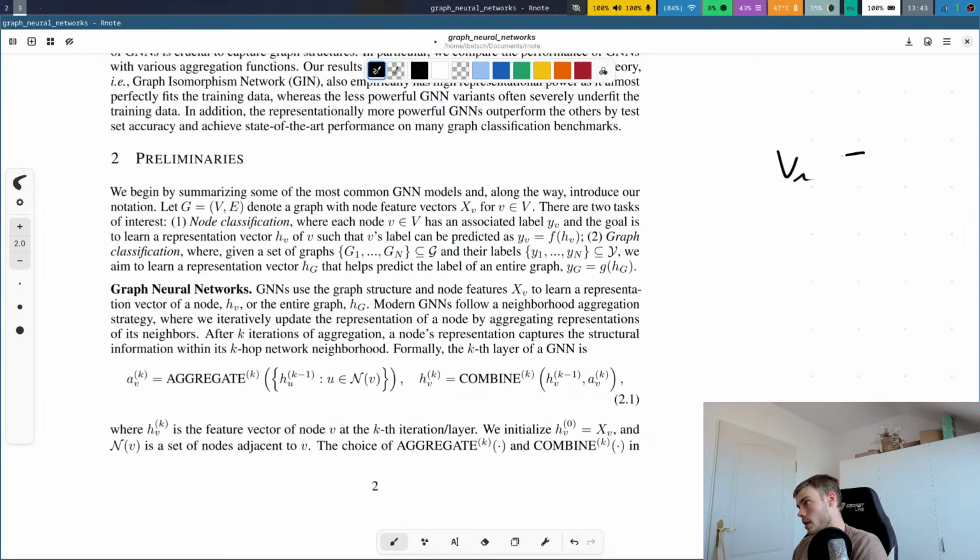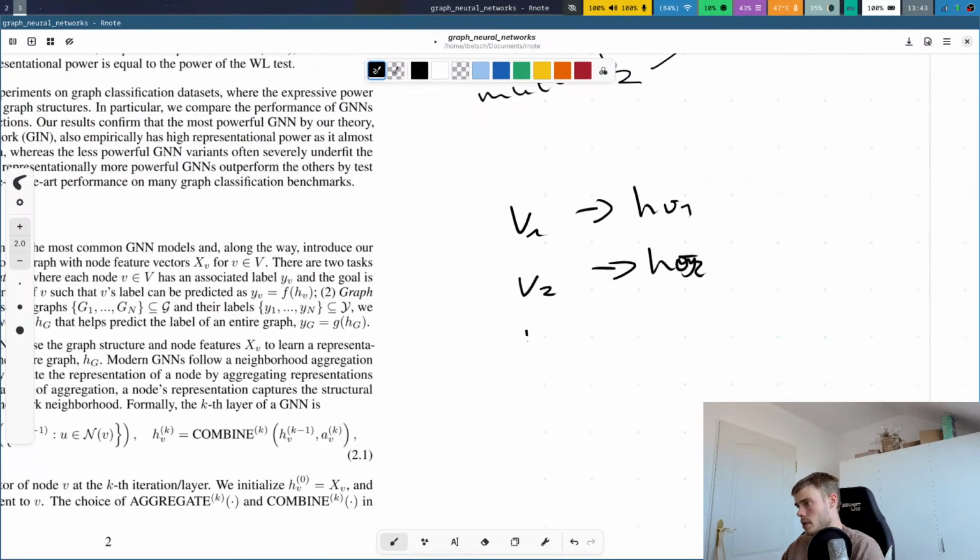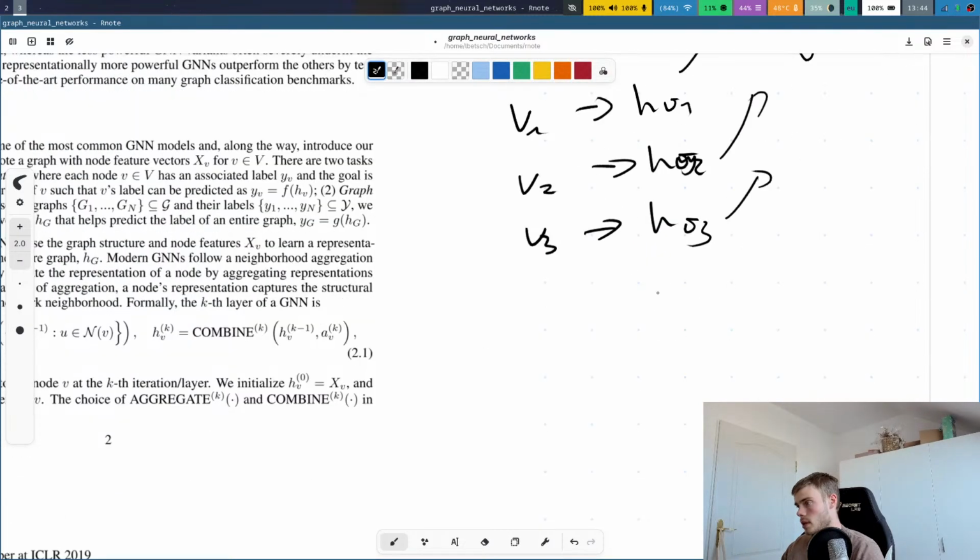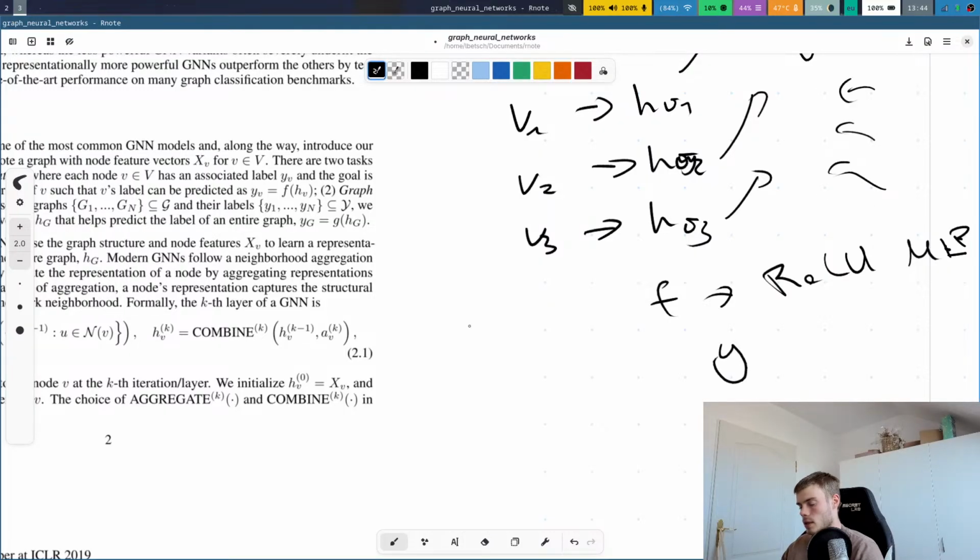So v1 has h_v1, v2 has h_v2, v3 has h_v3, and these are vectors. And f is just something like a ReLU with an MLP. And this we apply on all of these, and then we get y. Okay.